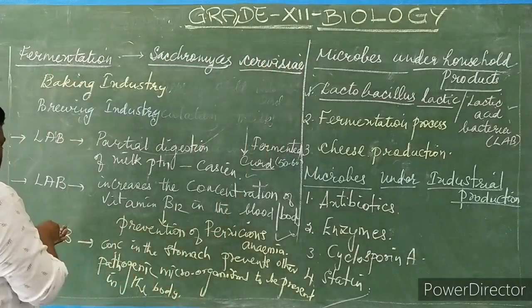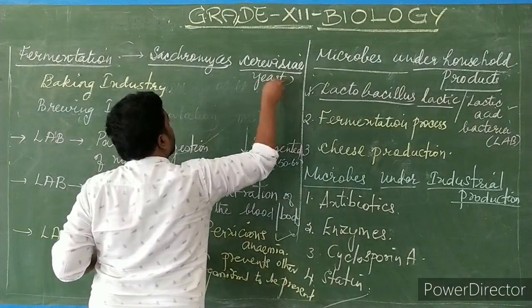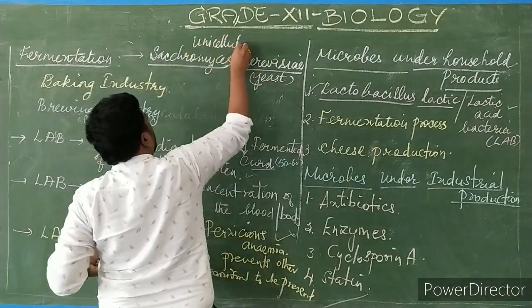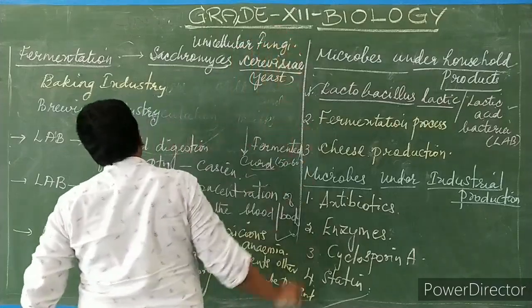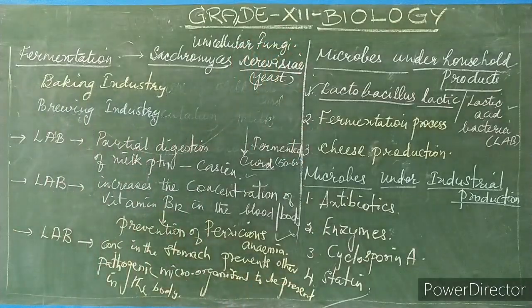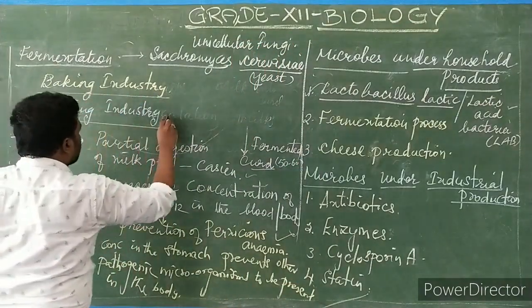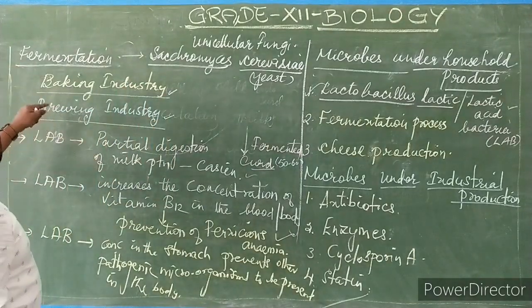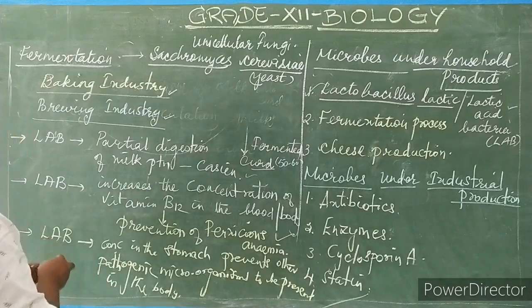This is nothing but unicellular yeast, a unicellular fungus. Which is why we use fermentation in industrial methods, in natural homemade baking, and in industry-level brewing. It can be widely used, normally Saccharomyces cerevisiae.